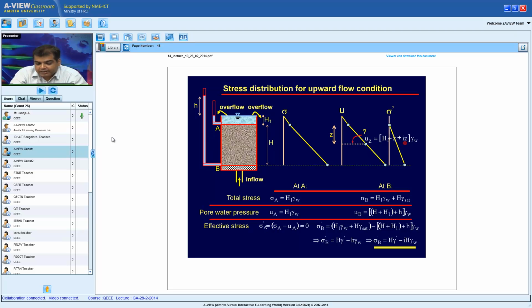So in this case, I have small h, or any value, divided by capital H times capital H. Small h over capital H is your hydraulic gradient I, and Z is the depth measured from the top of the surface.